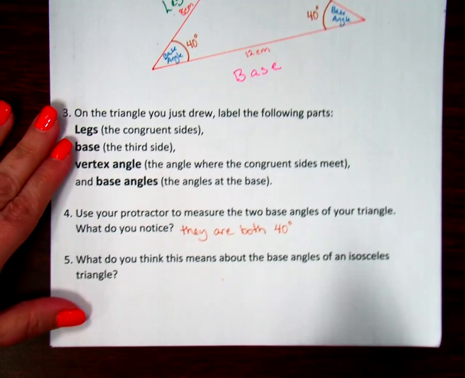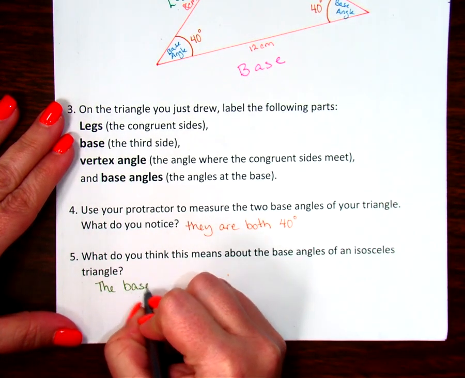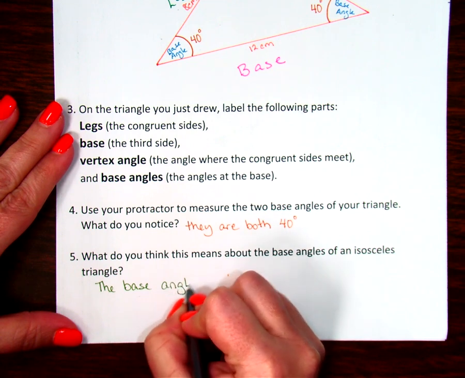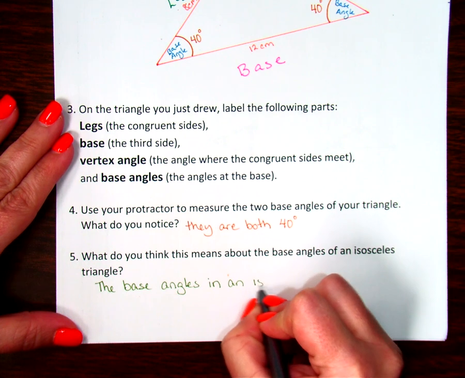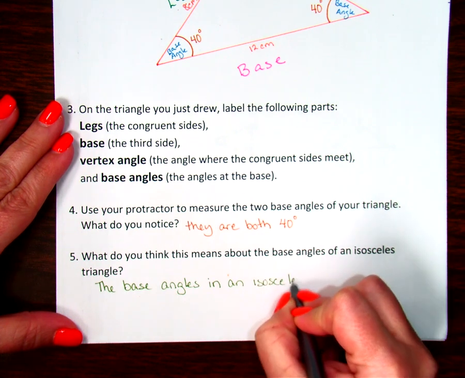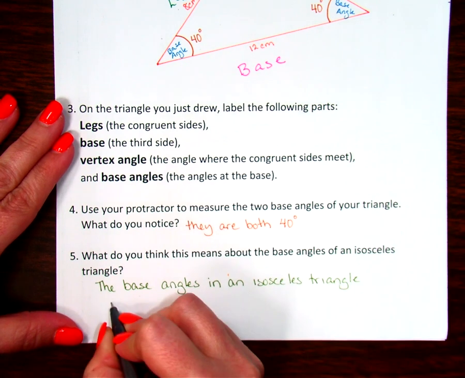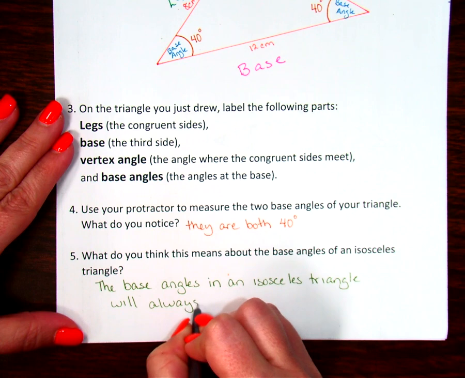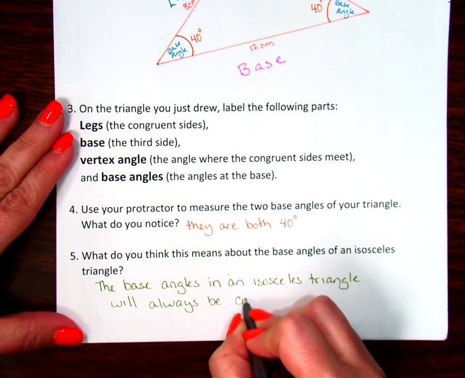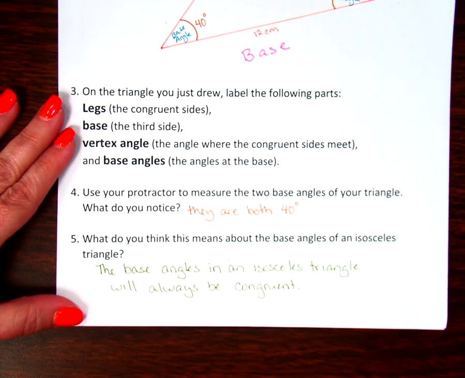The base angles in an isosceles triangle will always be congruent, which means they'll always have equal measures.